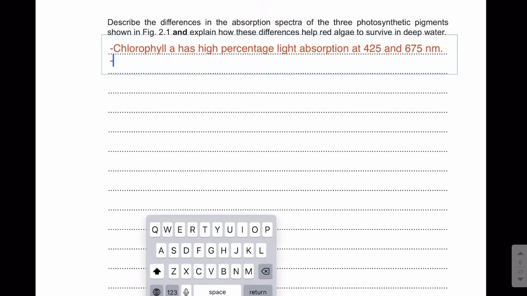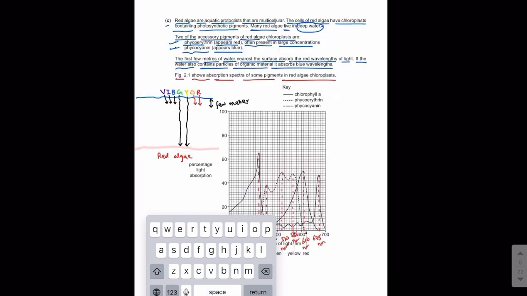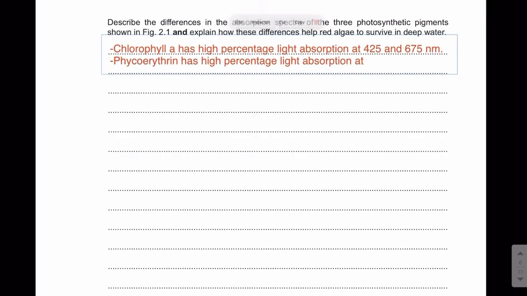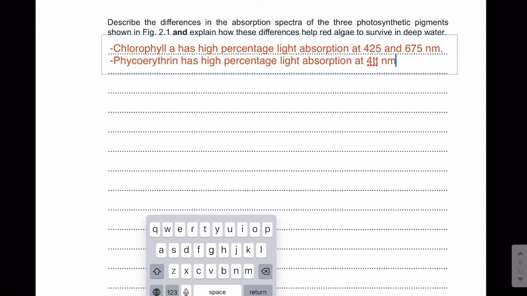All right, so phycoerythrin has high percentage light absorption at 455 nanometers, 520 and 565 nanometers.